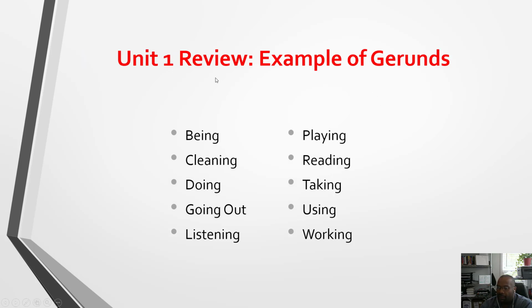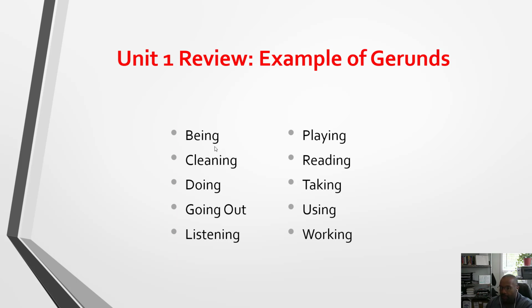Let's keep on with the examples of gerunds, because that was the next thing we learned about. These are some examples of the gerunds that we used in our unit. The first one is being. The root word of being is be. That's the verb. Being, as we're using it here, is our gerund.